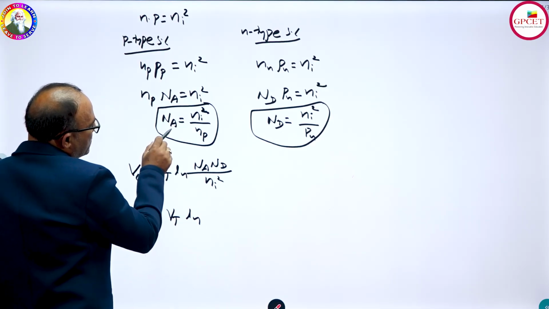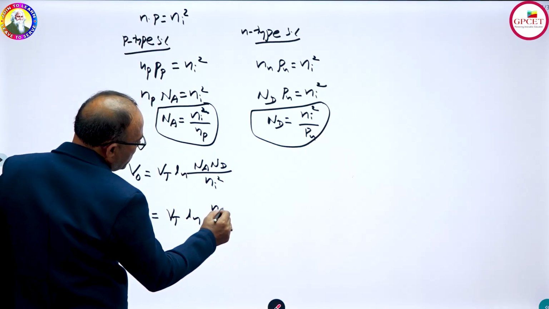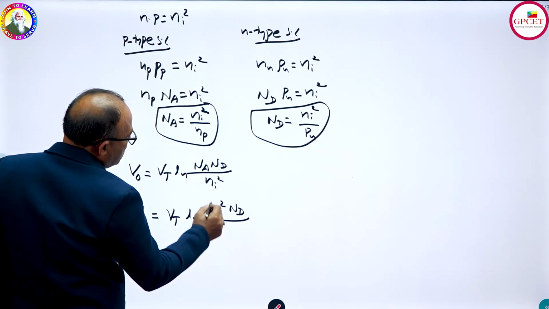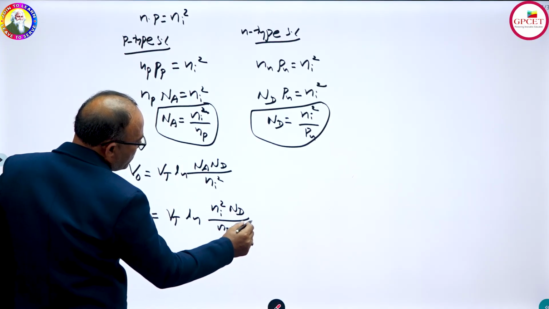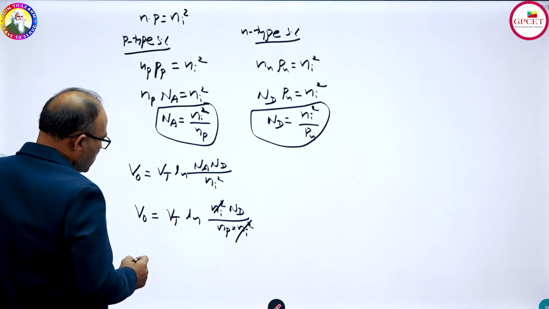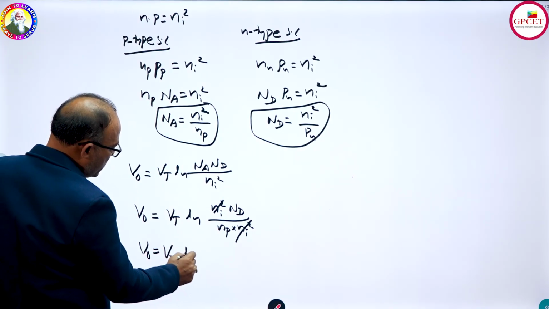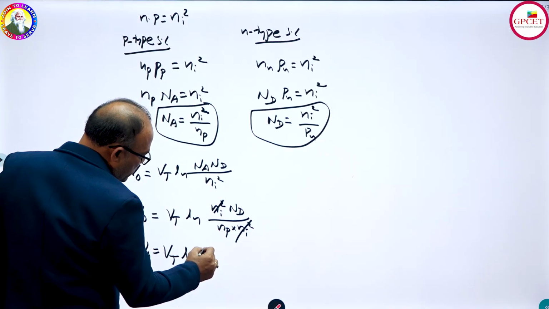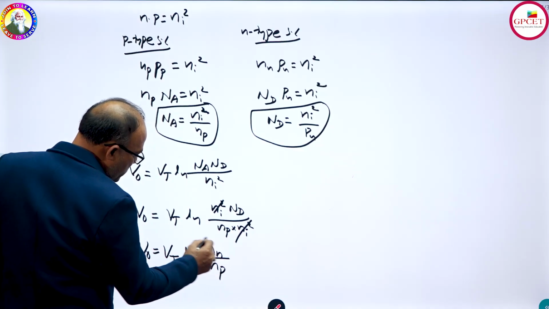Since Na is equal to Ni square by Np, I write Ni square by Np into the remaining Nd divided by Ni square. Ni square gets cancelled. So V naught can be written as Vt ln Nd, the donor concentration, which in N type is the electron concentration Nn, divided by Np.